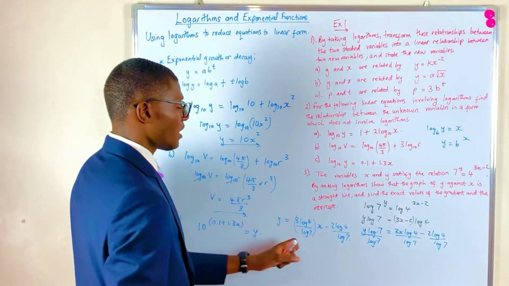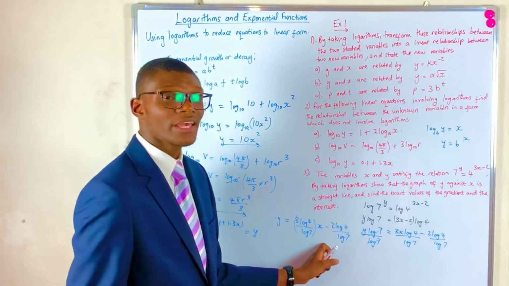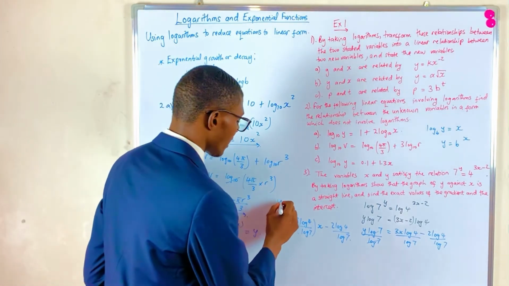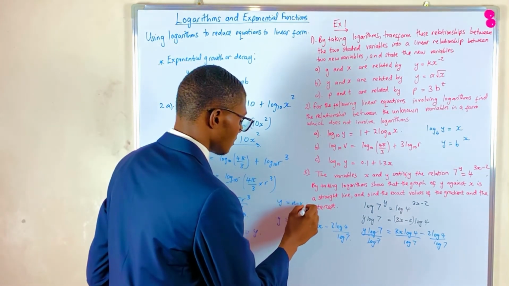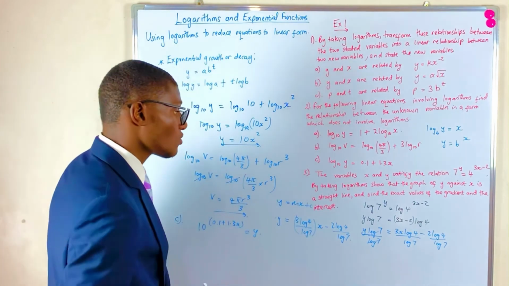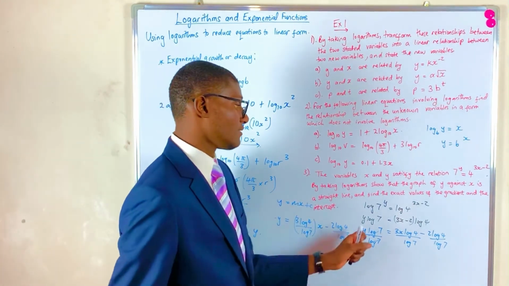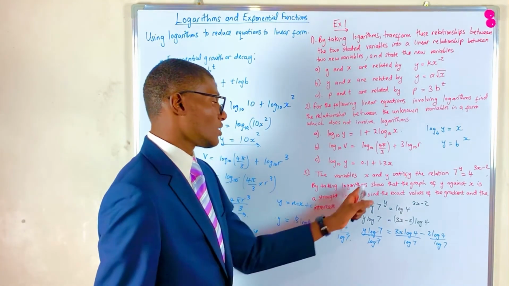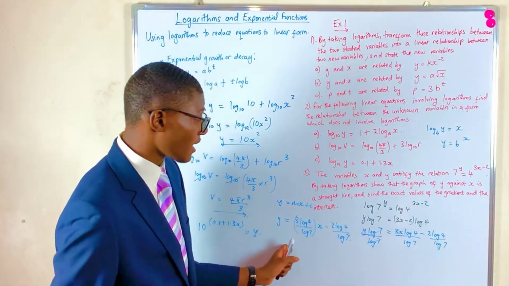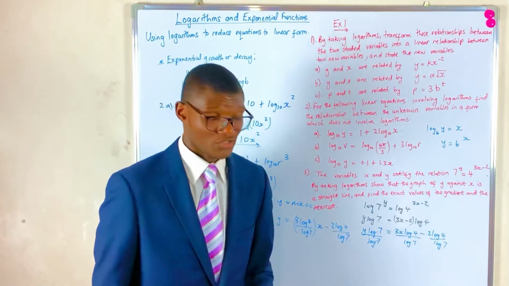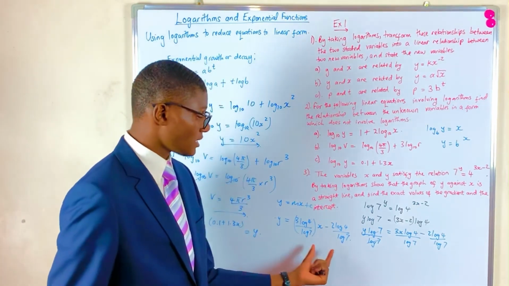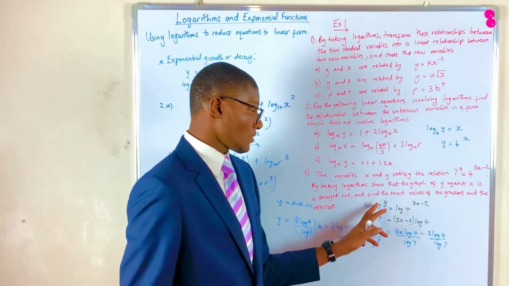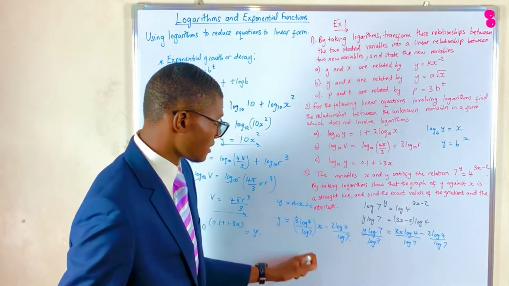So, as we can see, this equation is in the form of y is equal to mx plus c, right? So this equation is definitely a straight line. So the graph of y against x would definitely be a straight line, because this is our gradient, this is our intercept. Now the question says find the exact values of the gradient.